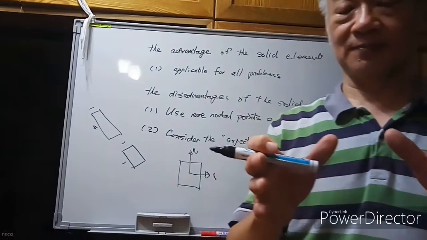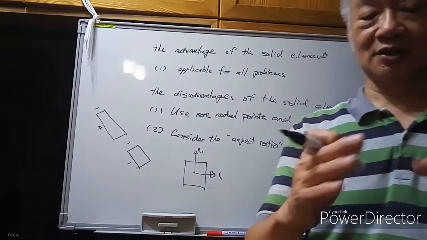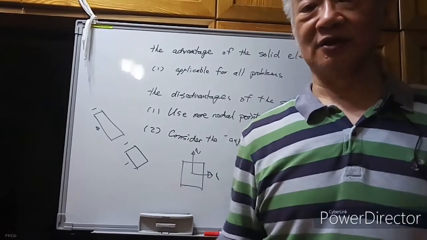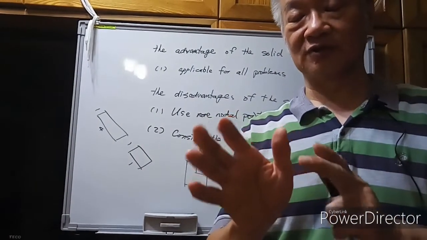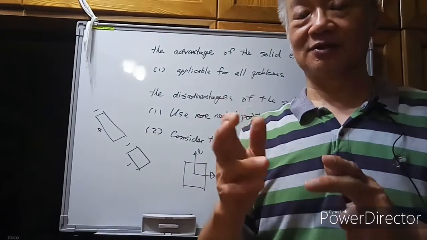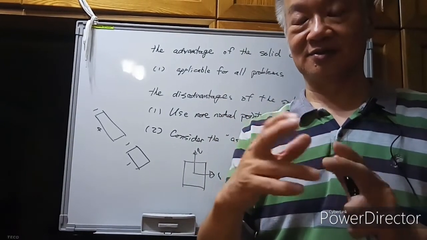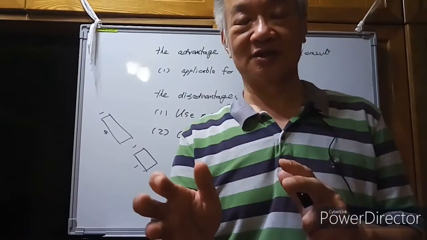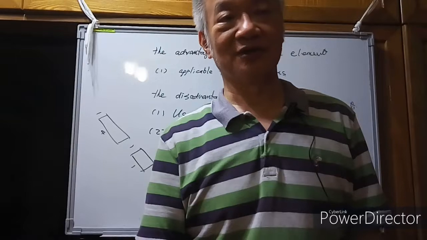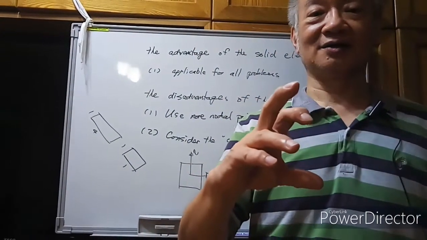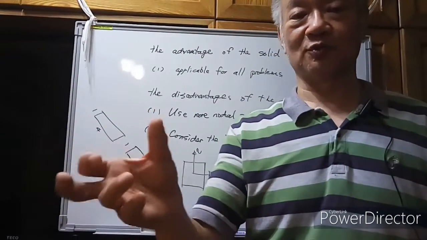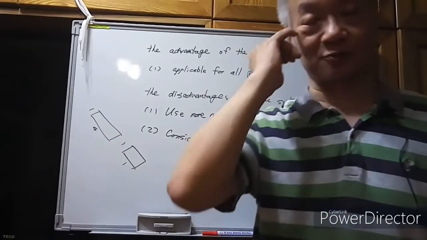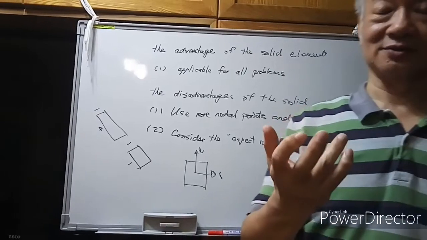So it means that when you define the elements, the 3 dimensions of the real element had better be similar. They don't always need to be equal, but you had better have something like 1.2 to 1 or 0.9.